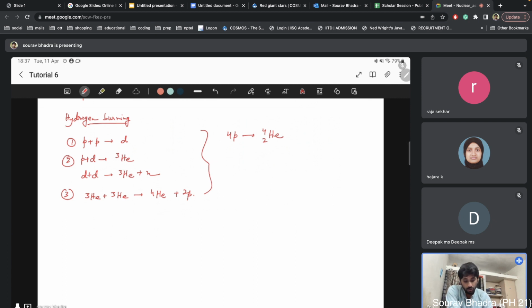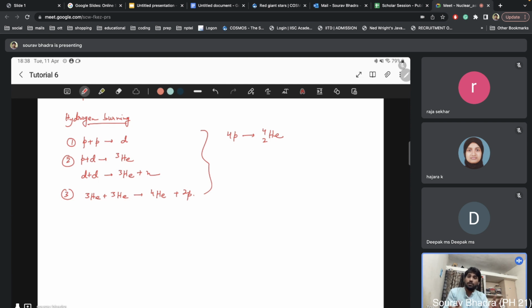Now we will go to a cycle which is called the CNO cycle. Remember, this CNO cycle is not similar to carbon burning, nitrogen burning or oxygen burning. This CNO cycle happens in the hydrogen burning stage itself, because as helium has been created, this can give rise to other elements also. But when we discuss element burning, for example carbon burning, we just consider a reaction of carbon with another carbon.